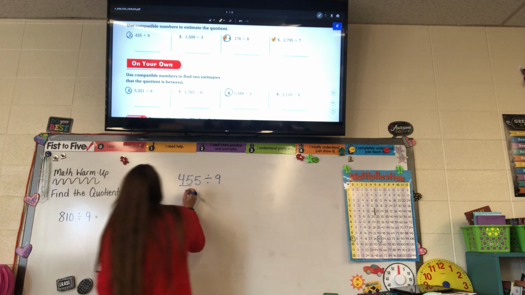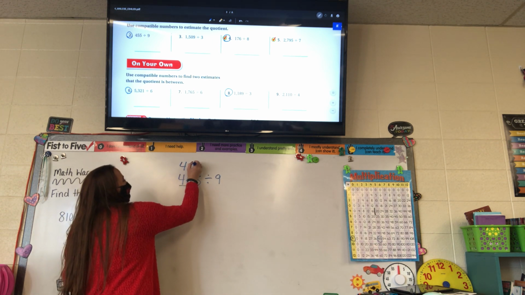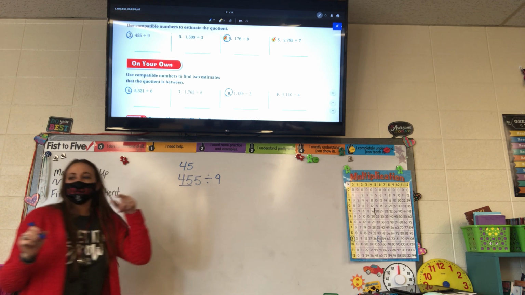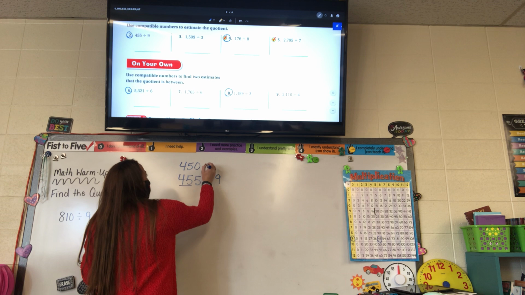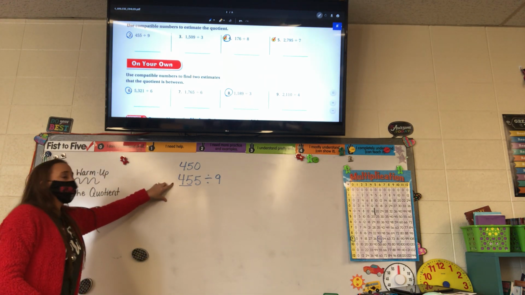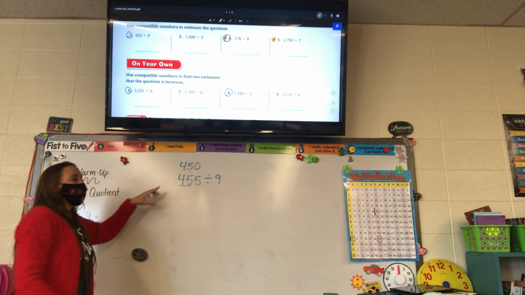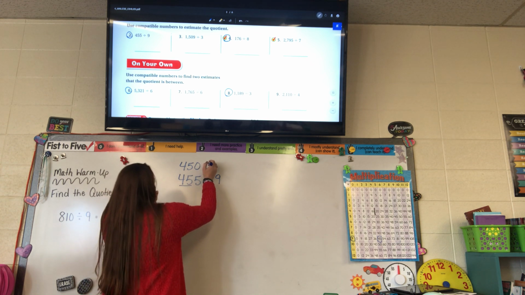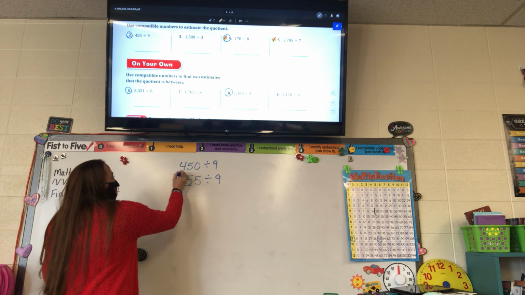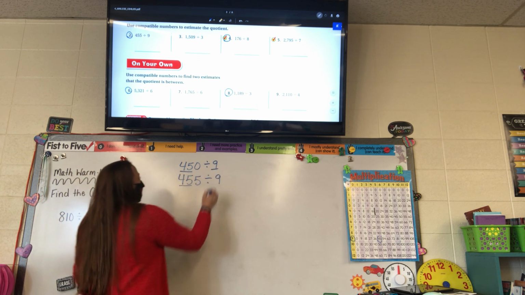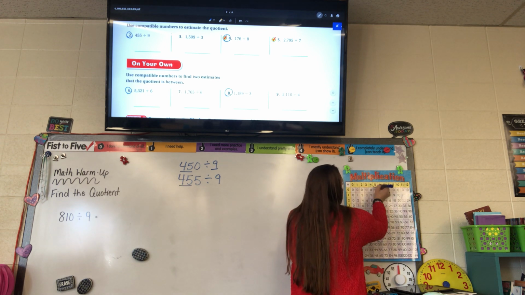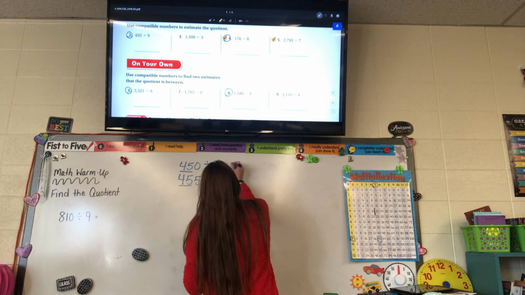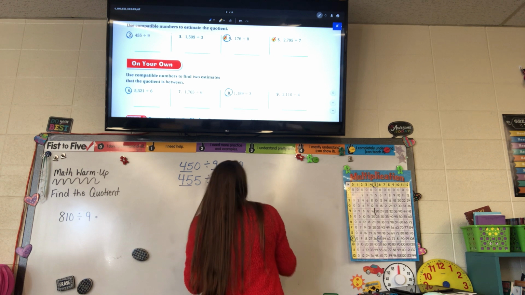So that means this 45 is going to stay the same, but what's going to happen to this 5? Is 450 really close to 455? Yes. There's only 5 away. Then we're going to divide by 9 using our basic facts like we did on the math warm-up. 45 divided by 9 is 5. And how many zeros do we bring over? 1.